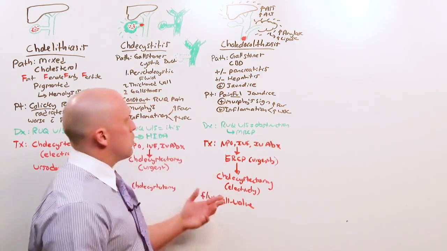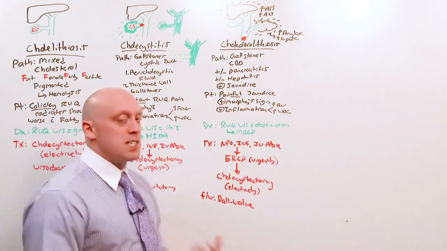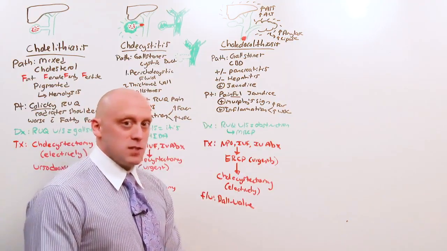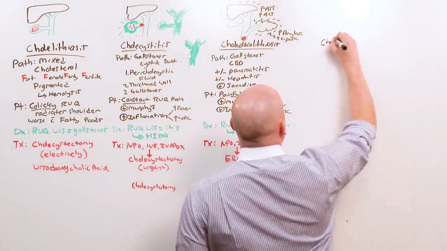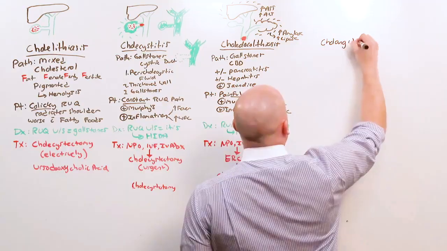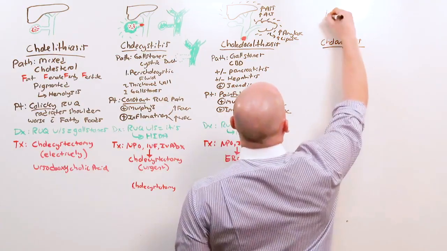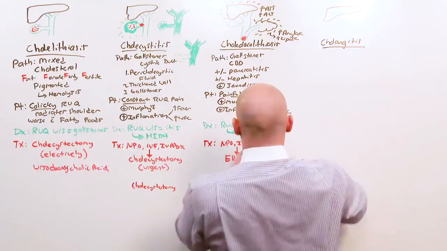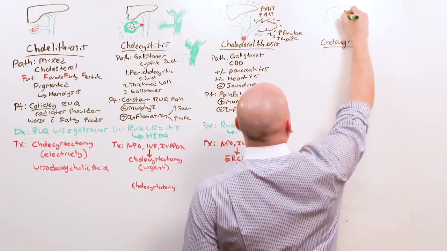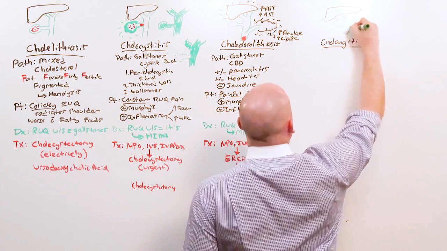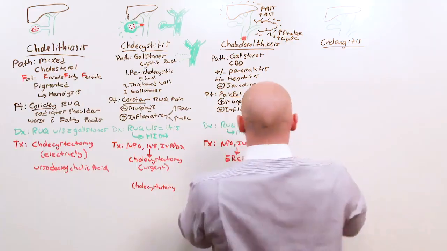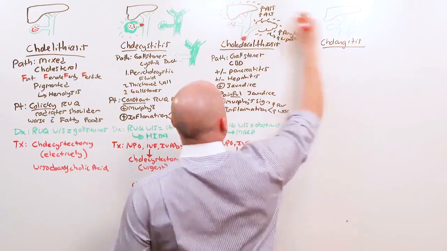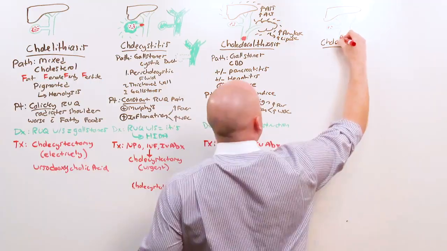The reason why I'm talking so much about this is because choledocholithiasis sets us up for the most significant of these diseases, and that's cholangitis. Cholangitis is a very similar picture. Dilated ducts, gallstones in the gallbladder, and an obstructing stone.